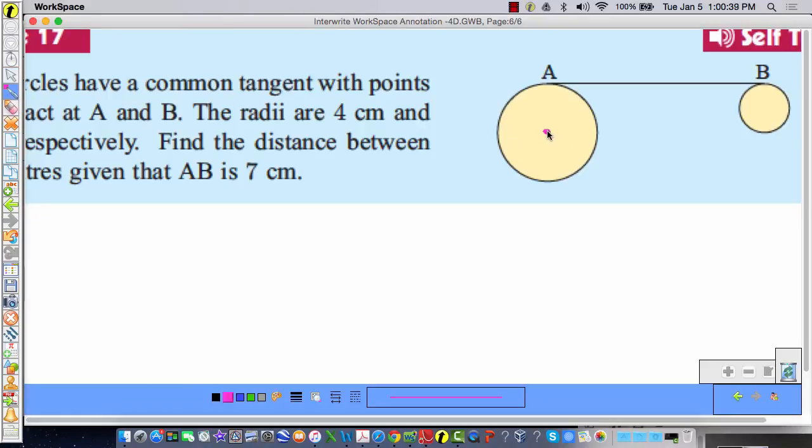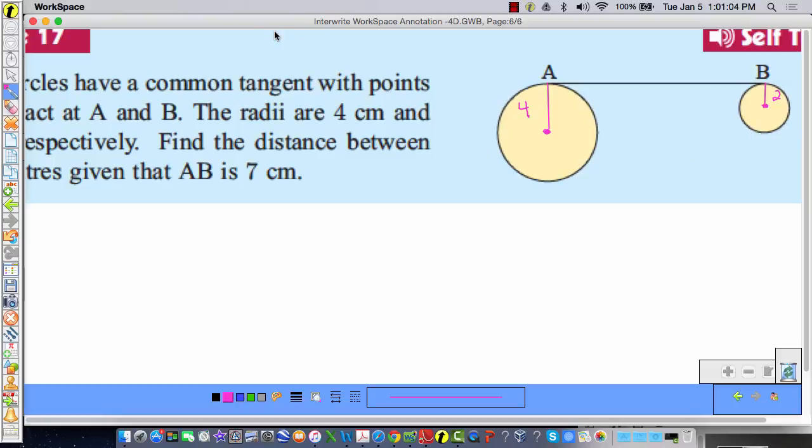Here and here. Okay, and let's draw radii to that point of tangency. You know we're going to use that here and here. And we know that these are 4 and 2 respectively.